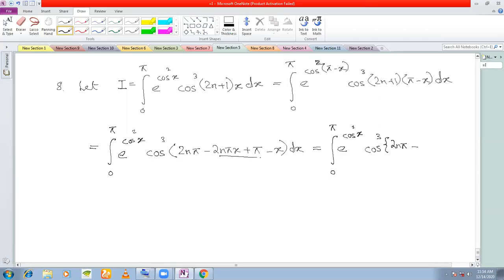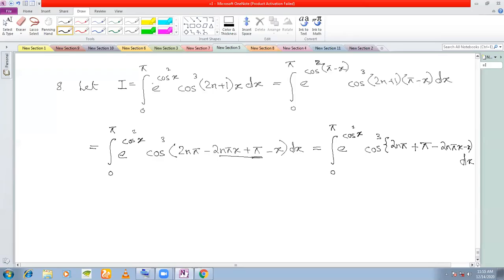From these two you can take pi common, so you get 2n pi plus pi, minus 2n x minus x, dx.